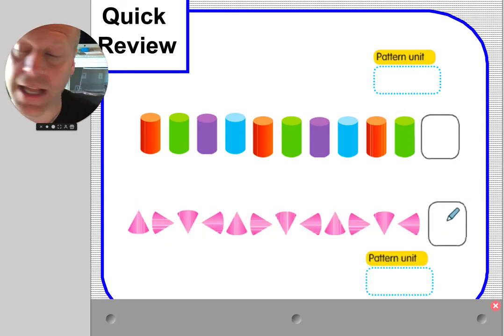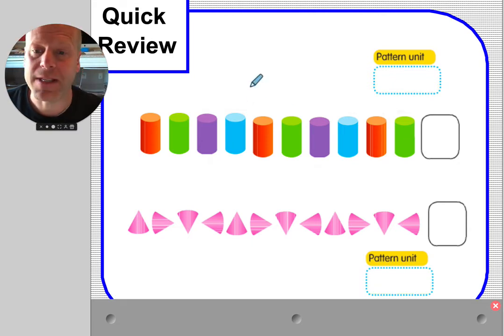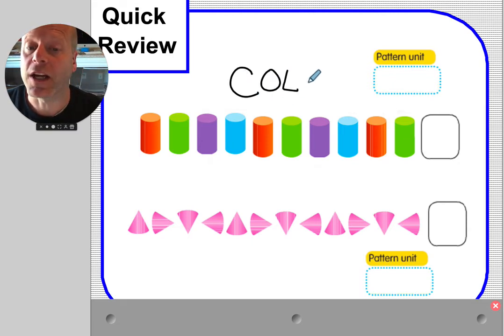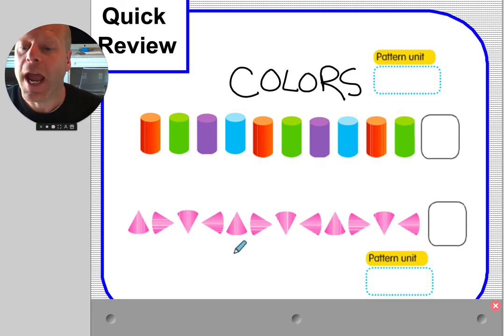We have to extend the pattern, and here we have to find the pattern unit. This one, they kept the shape the same, but they were using the color to make a pattern. Right? All different colors, maybe I should say. This one, they're not using colors. And instead, they're not even changing the shape.